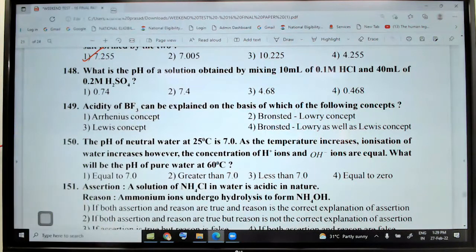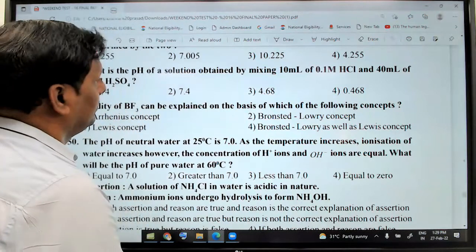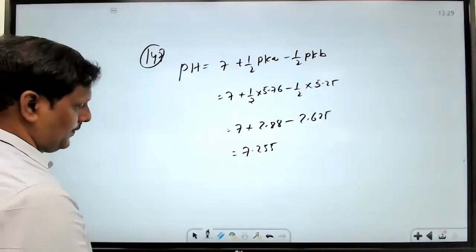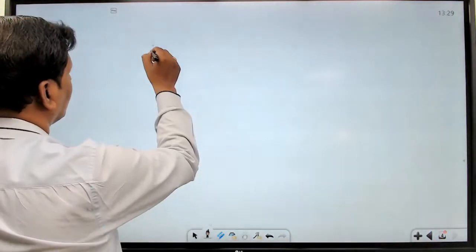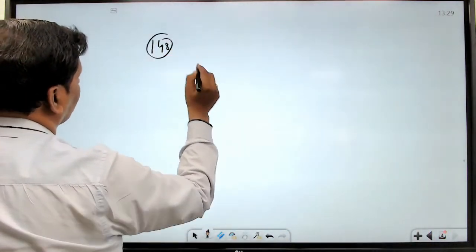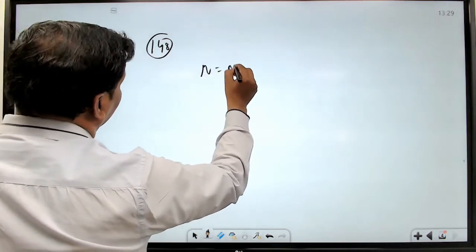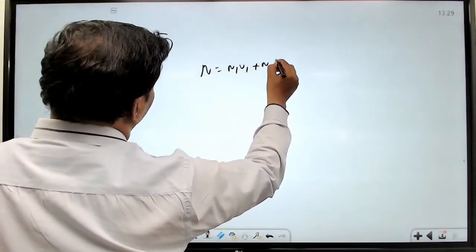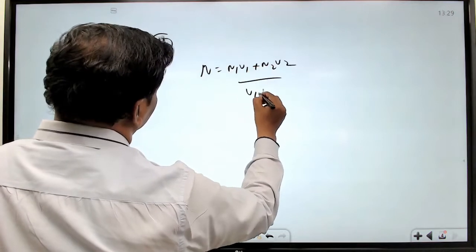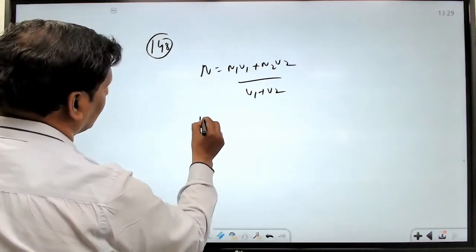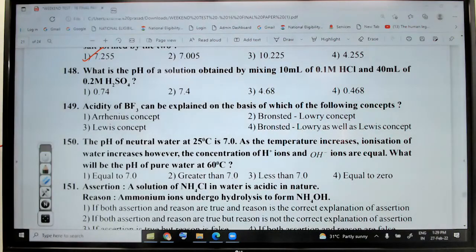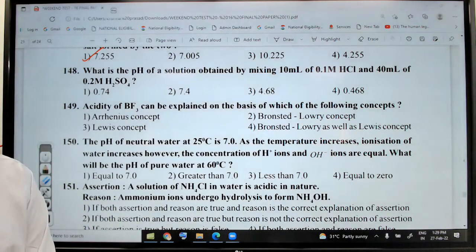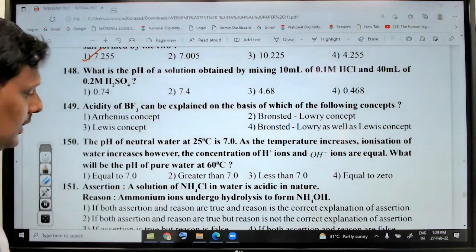Both are acids. Normality of the resultant is N1 V1 plus N2 V2 divided by V1 plus V2. The normality of an acid is nothing but H plus. In the first solution, the normality of HCl, molarity and normality are the same, 0.1.